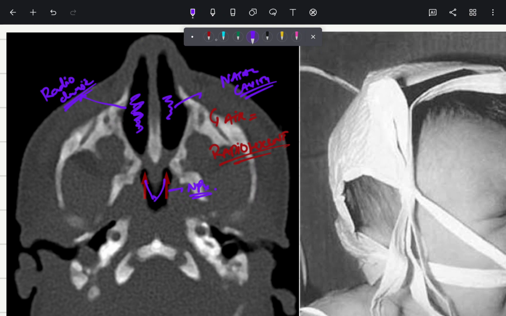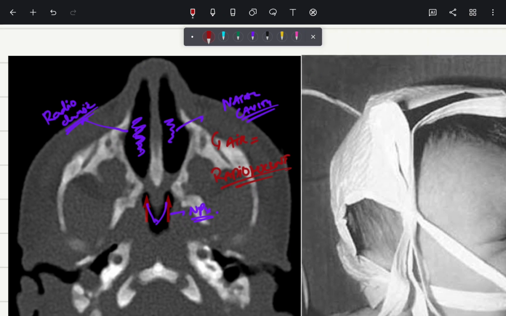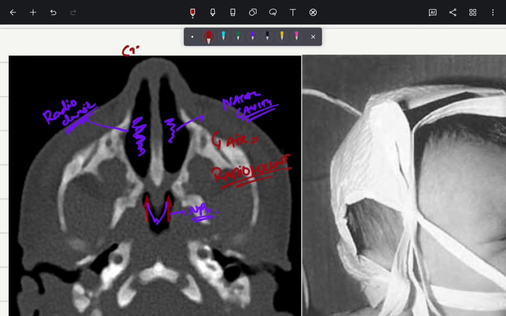I'll draw this one in red. This red is nothing but the atresia, or the membrane. There is a membrane forming here. That's why there is choanal atresia, and hence the air is not able to go from the nasal cavity to the nasopharynx. So that is the CT scan finding of this patient.